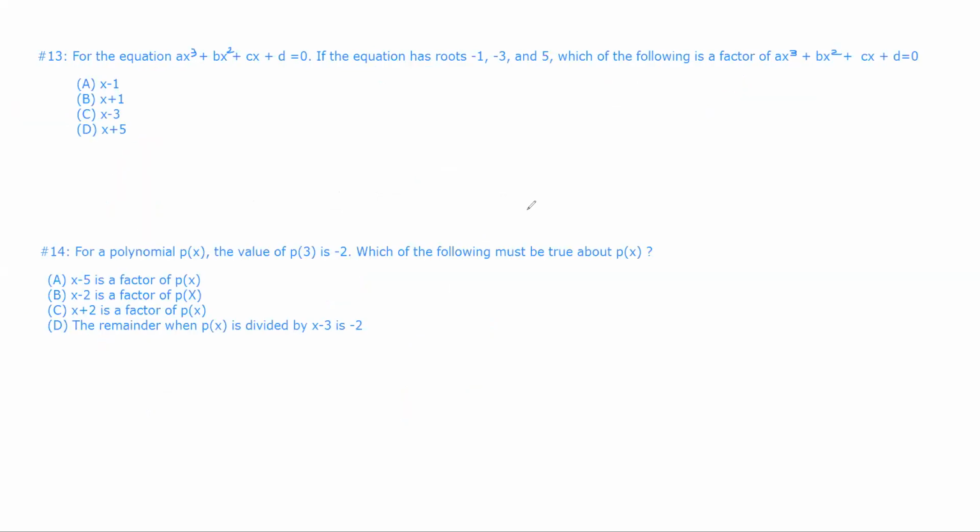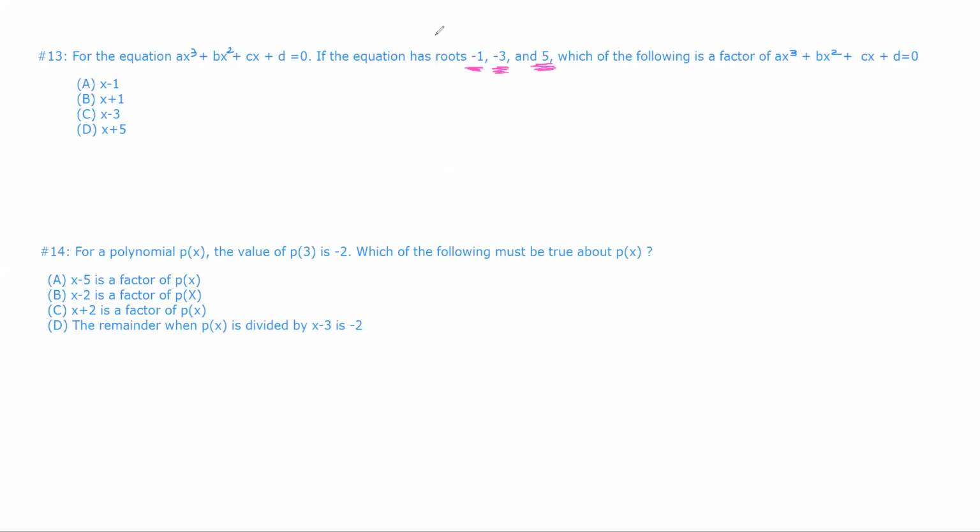Okay, next. We said if the equation ax cubed plus bx squared plus cx plus d equals 0 has roots -1, -3, and 5, which of the following is a factor?